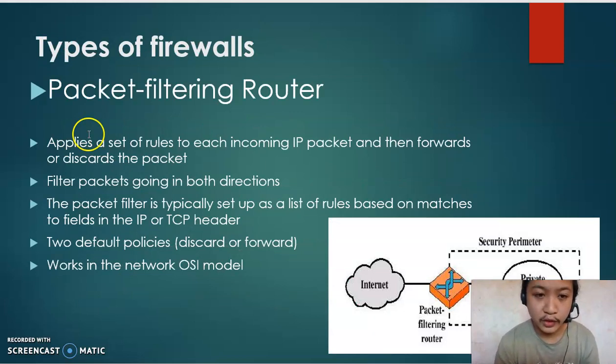Packet filtering routers apply a set of rules to each incoming IP packet and then forward or discard the packet. This is what I'm telling you about penetration testers or hackers. If the packet is not legitimate, or the IP address is a harmful threat, it discards it.